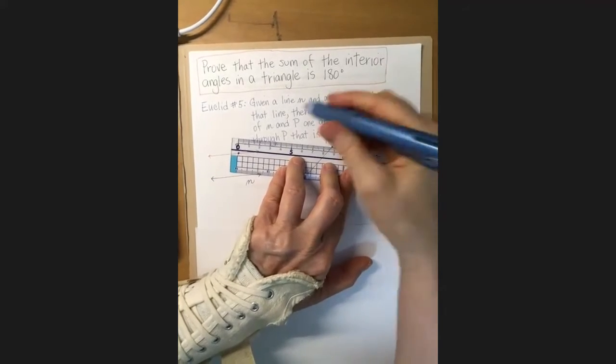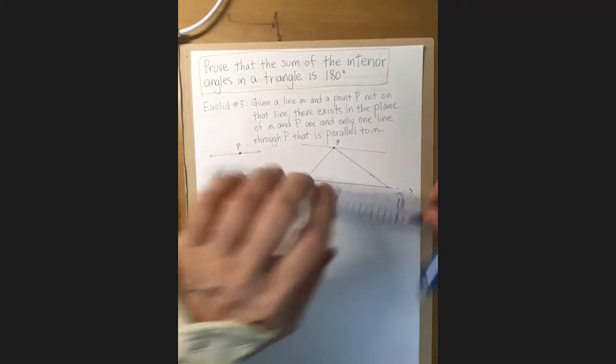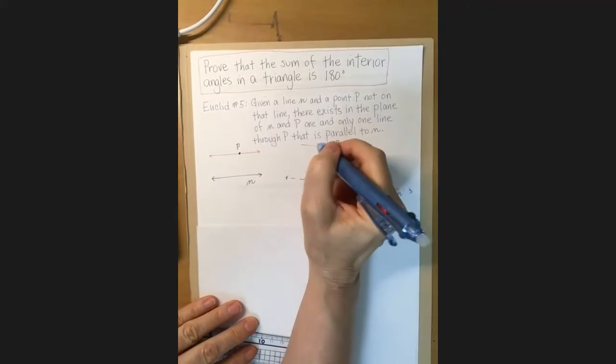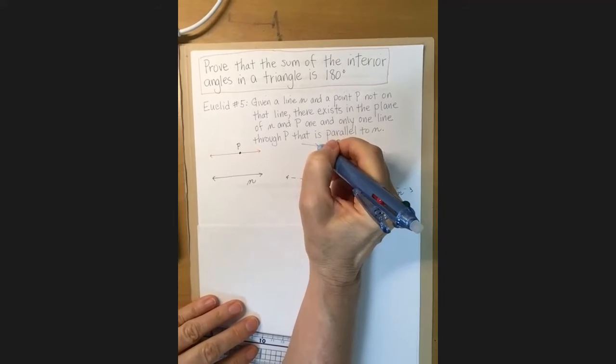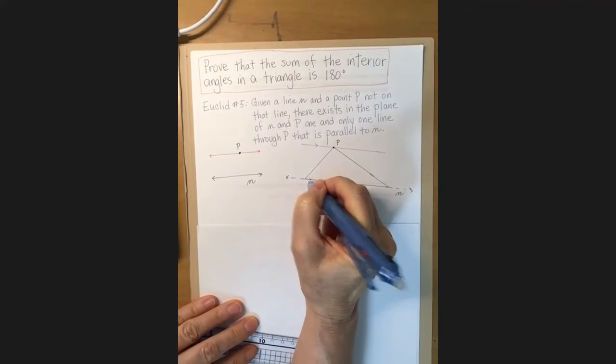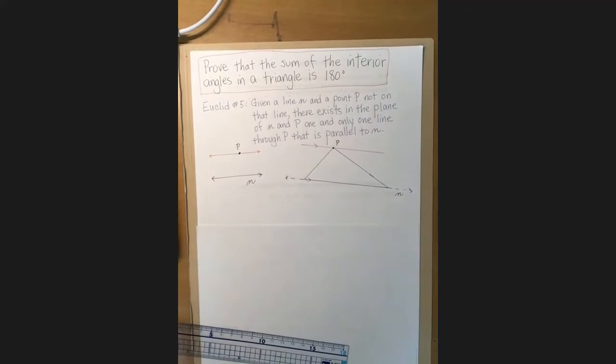Okay, here's the line that we can draw through P that is parallel to N, and I can make them parallel even if I didn't do a good job with the ruler by putting these arrowheads. That's the symbol that those two lines are parallel. And that's going to become very important in our proof.